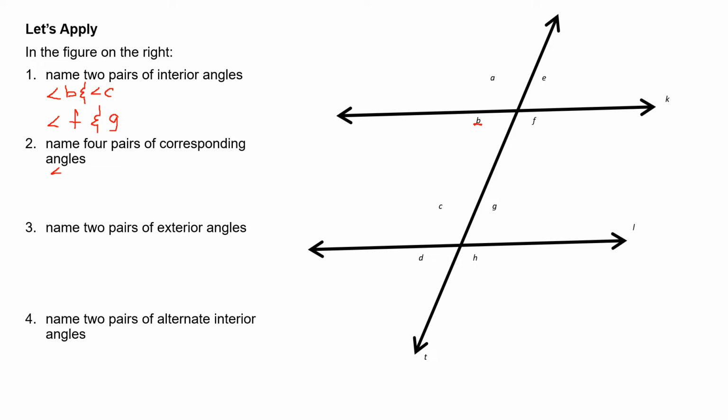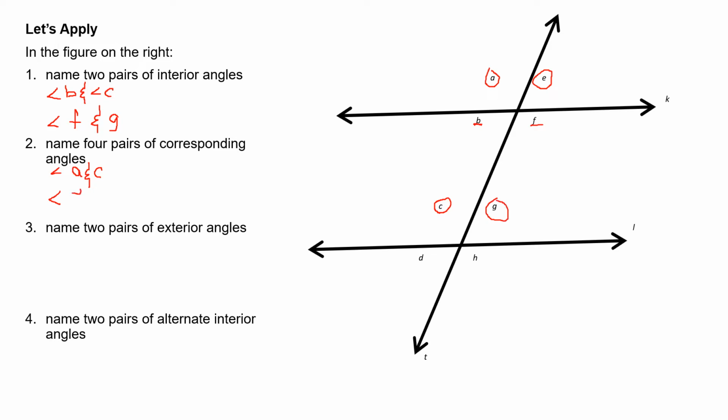We skip this, and then that is the corresponding angle for angle A, which is angle C. Then the next pair is angle E, and then a gap, angle G.